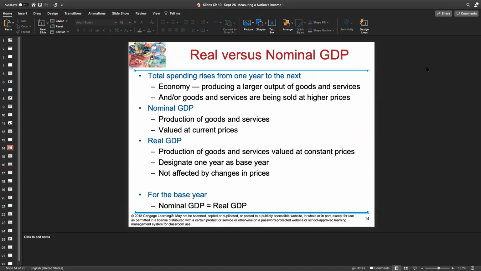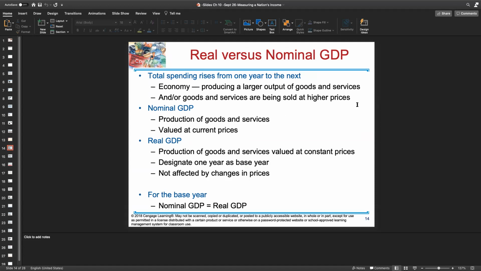What is the difference between real versus nominal GDP? The total spending rises from one year to the next. So basically, the economy is producing a larger output of goods and services, or goods and services are being sold at higher prices.